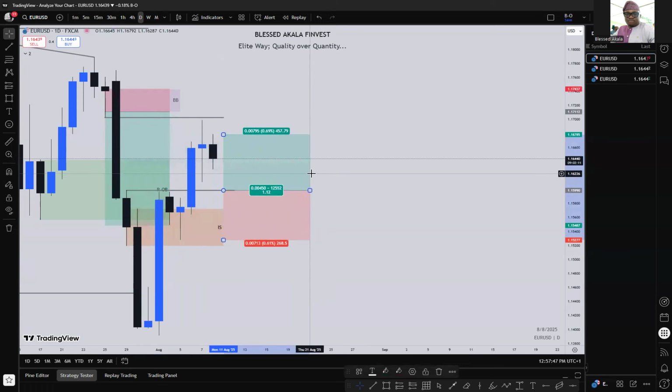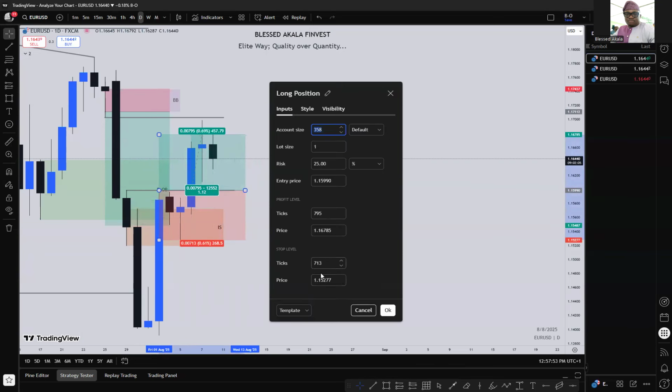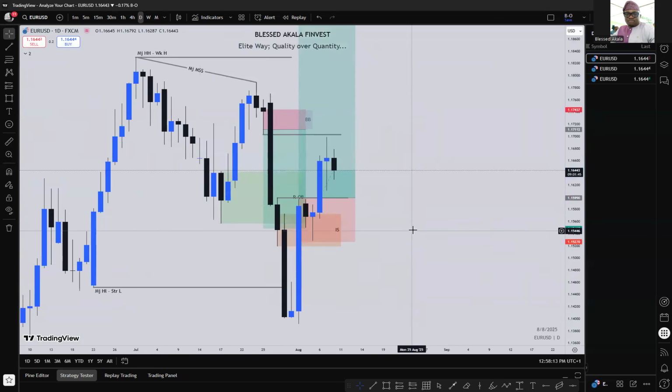We'll be buying from here. Essentially, today is Friday, but nonetheless, we'll be anticipating some kind of movement from the level. So we can just put it at 72 pips in the market, and that will be times 5, which will give us 360 pips in the market.